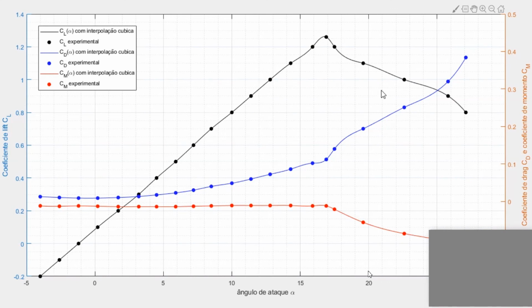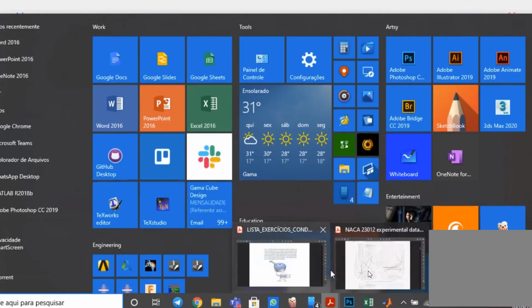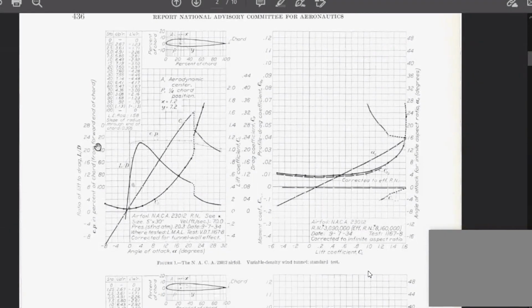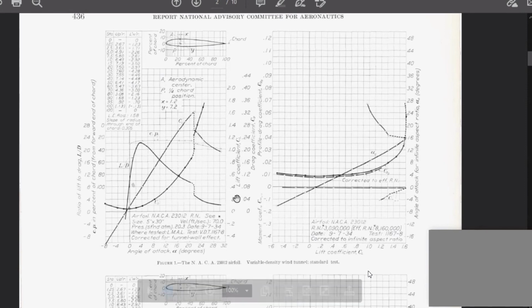I tried to do that because in the article, let's see, I think it's opened here, the CD and CL cross because they are in different scales. Right. So I tried to replicate it, and I also used spline because they don't really connect with straight lines.